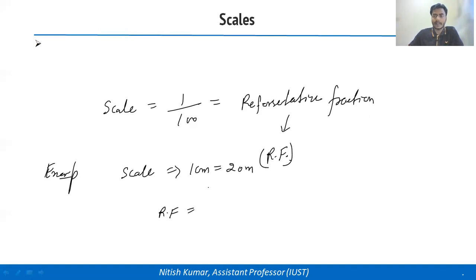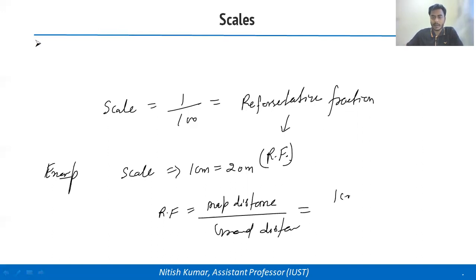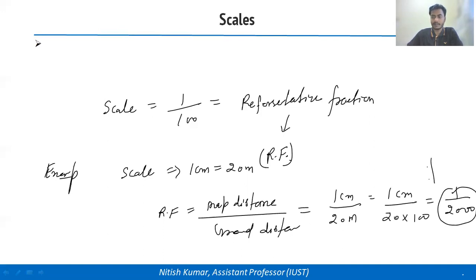To calculate the RF, just take map distance or plan distance divided by ground distance. Keep map distance and ground distance in the same unit. So 1 centimeter divided by 20 meter, which is 1 centimeter divided by 20 into 100, so 1 by 2000. This is the RF.